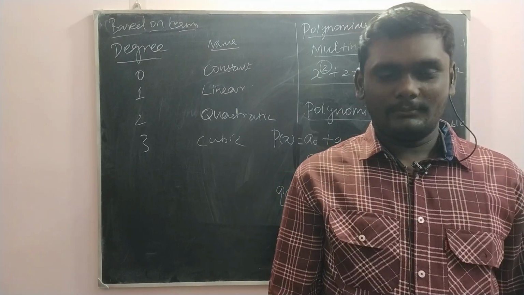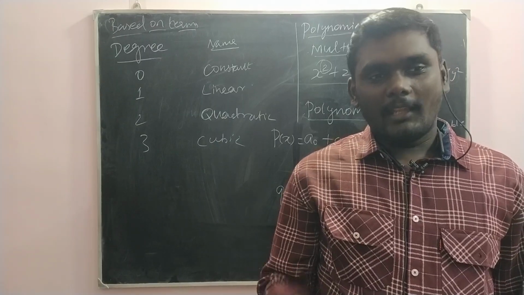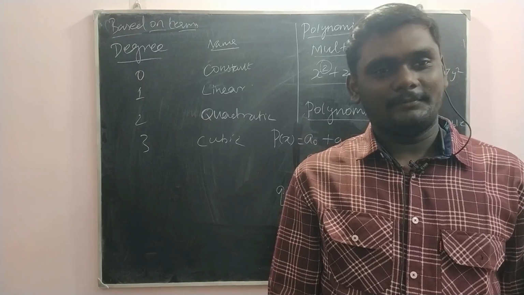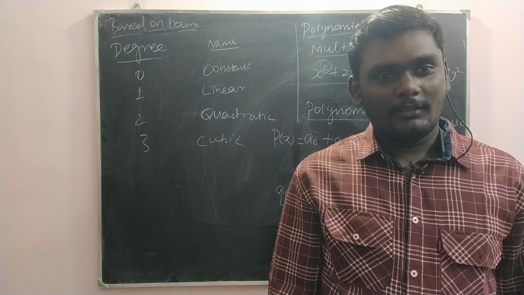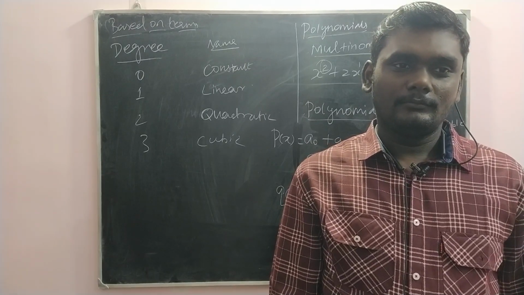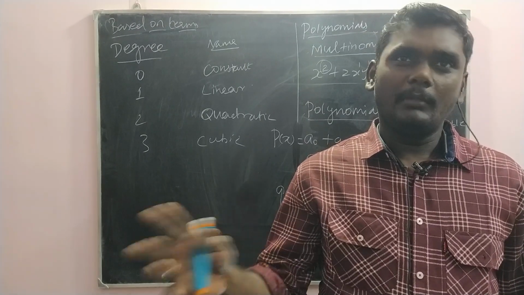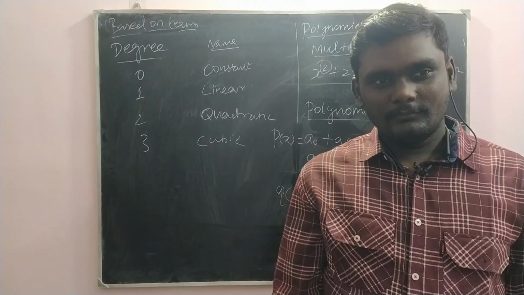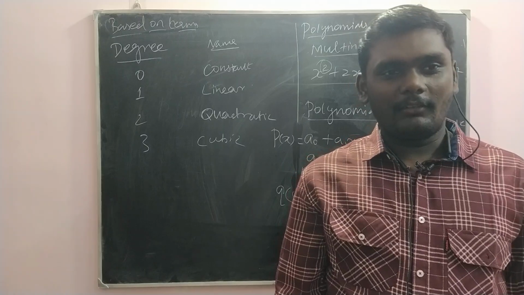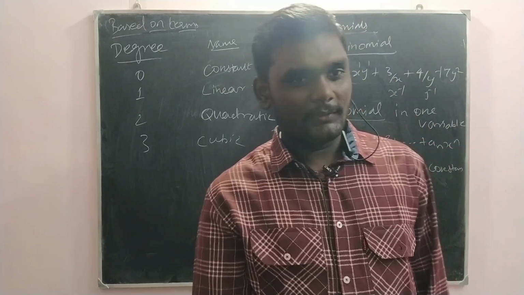Hept or sept. 8 means octic, 9 means nanic, 10 means decic, 12 means duodecic. Likewise, there are naming things.